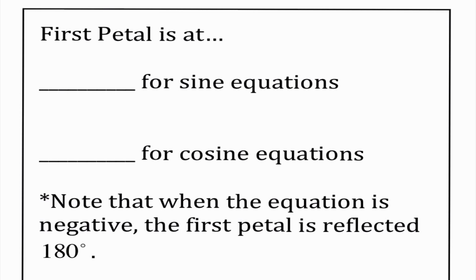If we have a sine equation, our very first petal is at 90 degrees divided by n, and at 0 degrees if it's cosine. When the equation is negative, the first petal is reflected 180 degrees. We've already learned that if it's negative, we go to the left, and if it's positive, we go to the right. That still holds true.